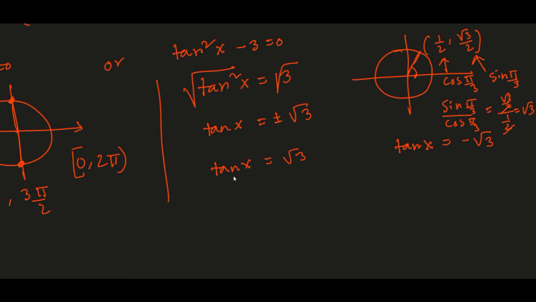How about the other angle where we'll get again the positive root 3? Using the symmetry property we can write the other angle here.